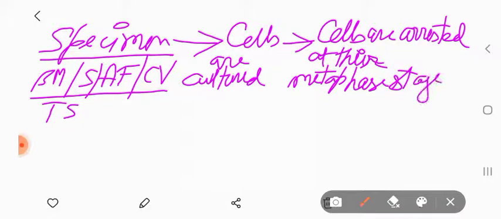By using a certain chemical called colchicine. You can get colchicine easily in the market by the same name. Colchicine disrupts the mitotic spindle. It breaks the microtubules, as you have studied in your first semester cell biology.